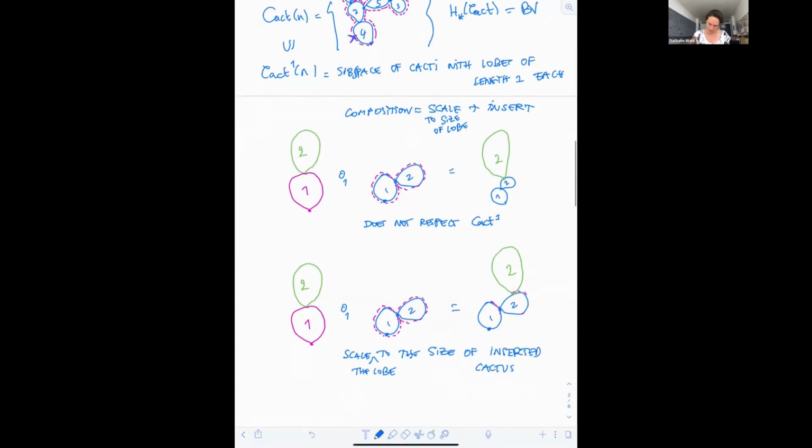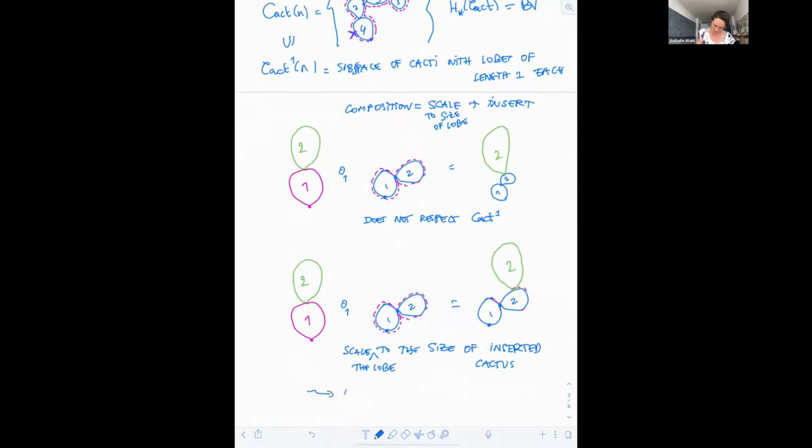And so now this respects, I mean, it defines a composition on Cact1.